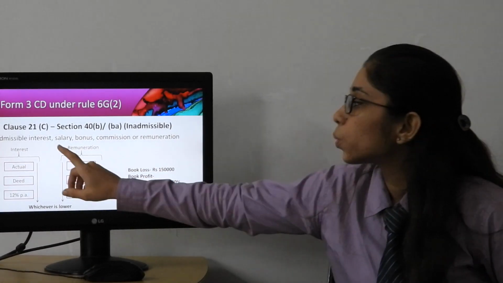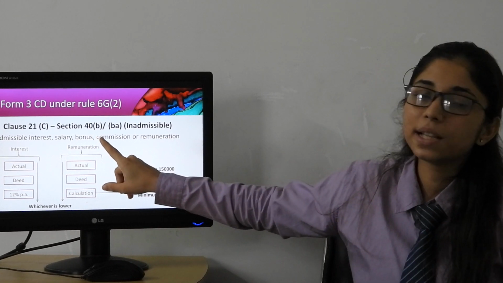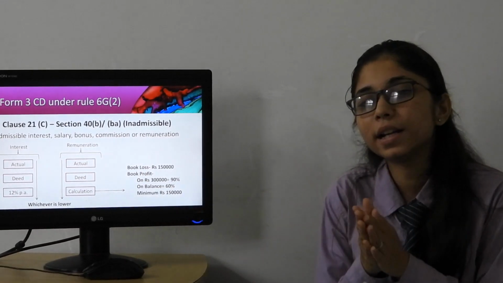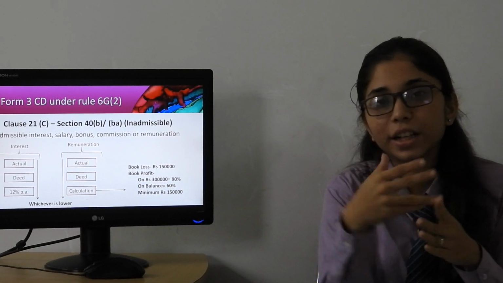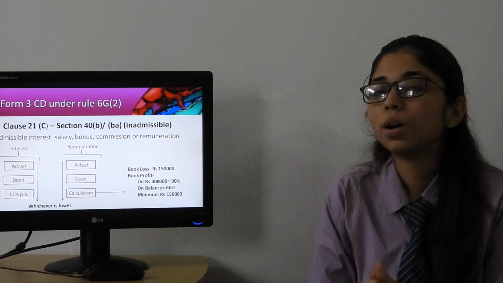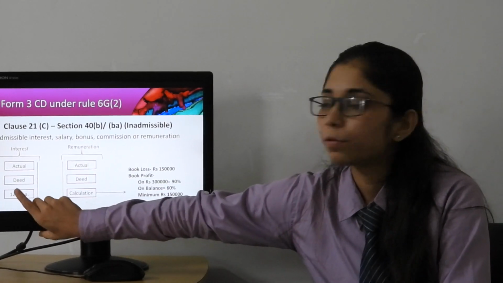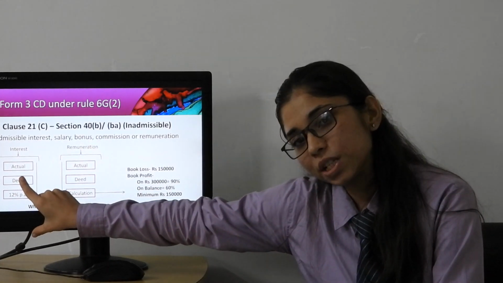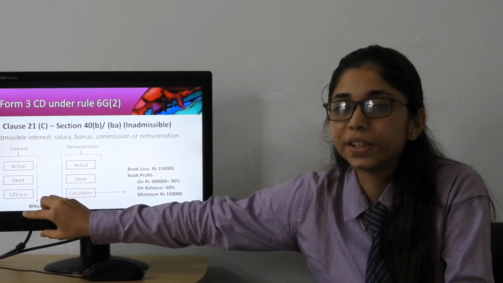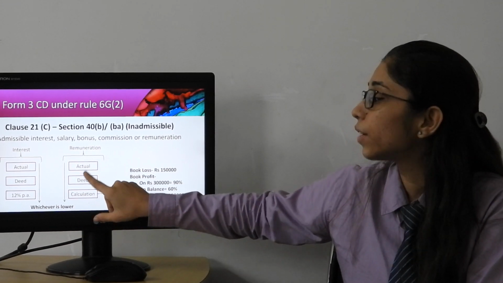Next, clause 21C, section 40B, section 40BA, inadmissible expense of interest and remuneration. What is the limit for interest? The actual amount which is paid or which is written in the deed, or 12% of such amount. Next, remuneration.